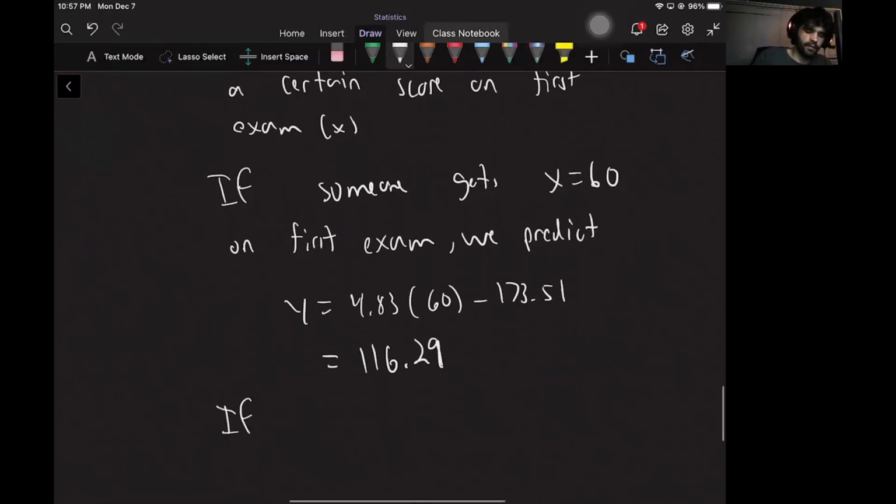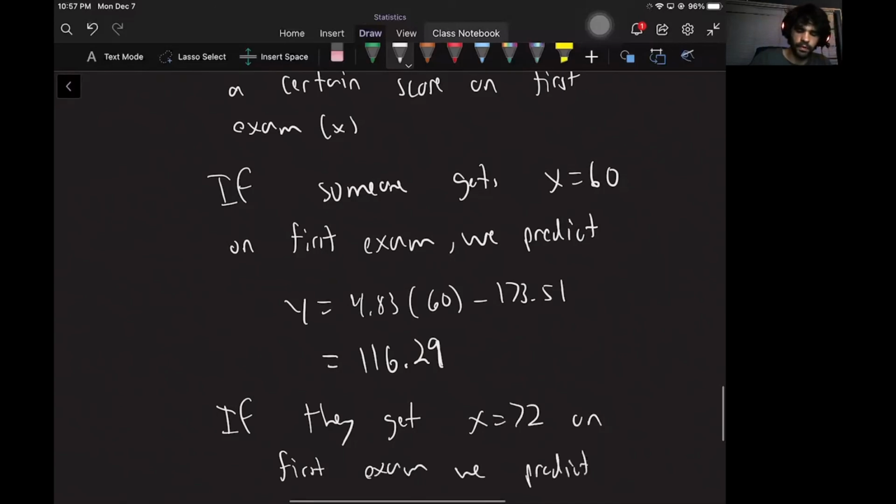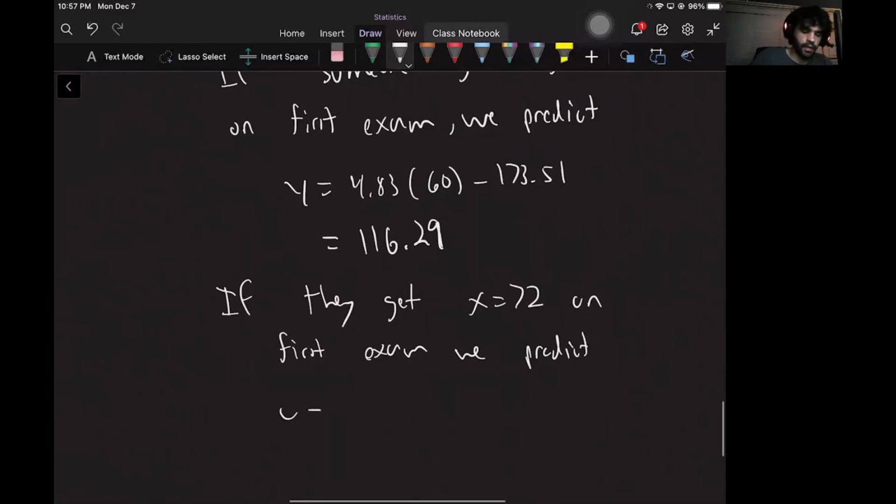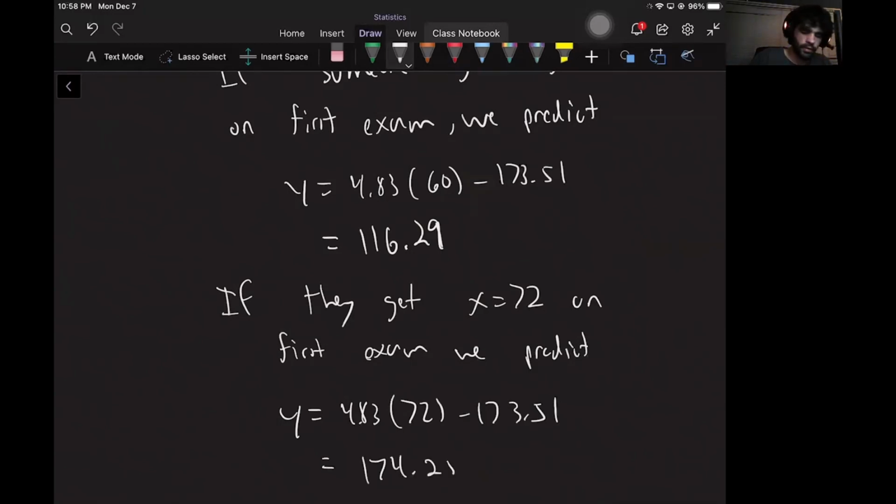And if they got like a 72 on the first exam, we would predict using this line that they might get around, so you do 4.83 again, times 72 now, minus 173.51. You'll predict that they get around a 174.25. That's the idea.